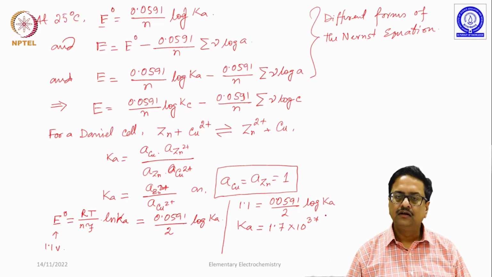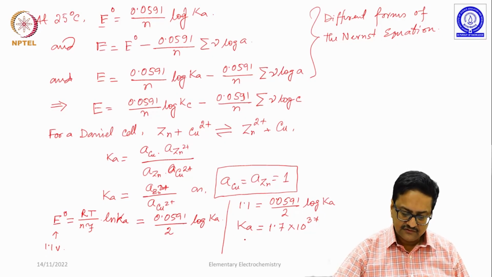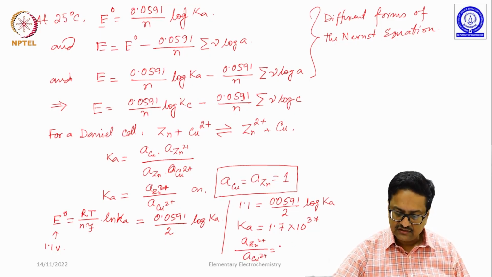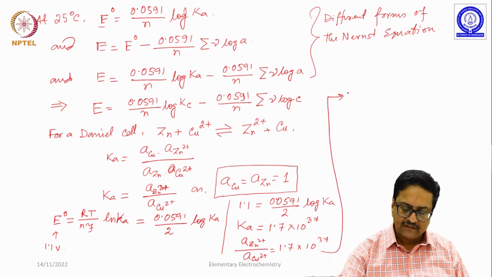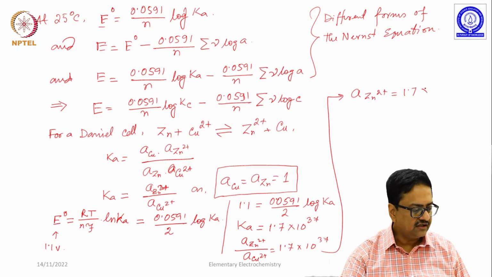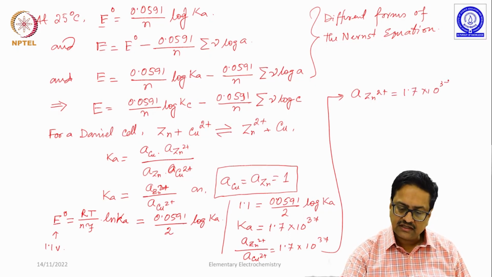37, which essentially means that activity of Zn2+ by activity of copper 2+ is nothing but 1.7 into 10 to the power 37, or one can write that activity of Zn2+ is equal to 1.7 into 10 to the power 37 activity of Cu2+, right?